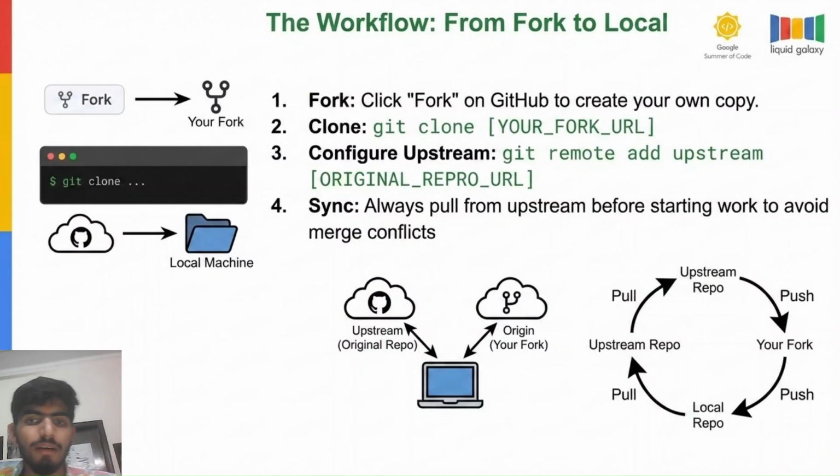Now understanding the upstream: the main repo of the original owner will be called upstream, and the origin will be called your fork, as you can see in the visual also. You should always pull from the upstream before starting work to avoid merge conflict. Now let's understand what a merge conflict is.